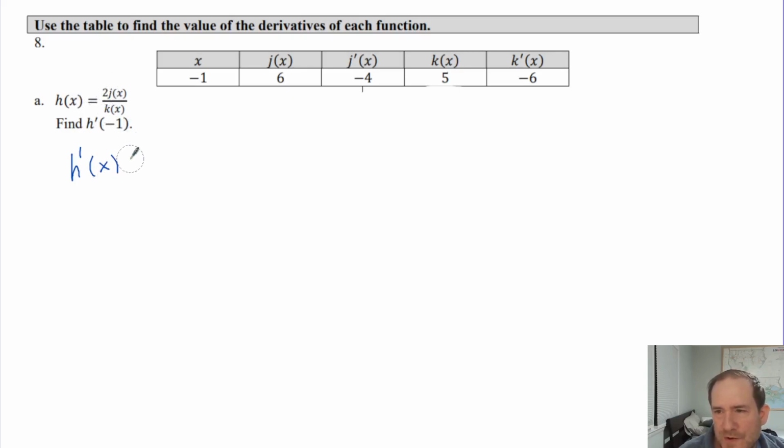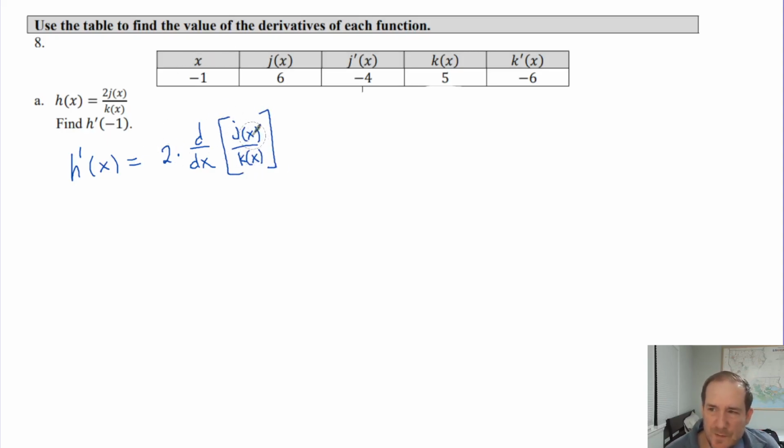Now this 2 again means that if you wanted to, you could kind of pop out a 2 and then imagine doing the derivative d dx of just the j over the k. So by popping out that 2, I guess we could maybe more clearly just visualize how quotient rule works.